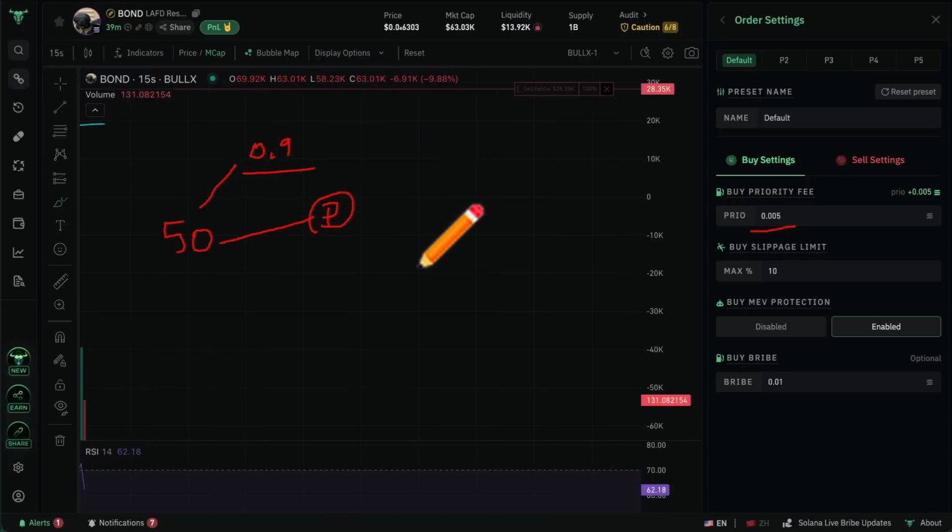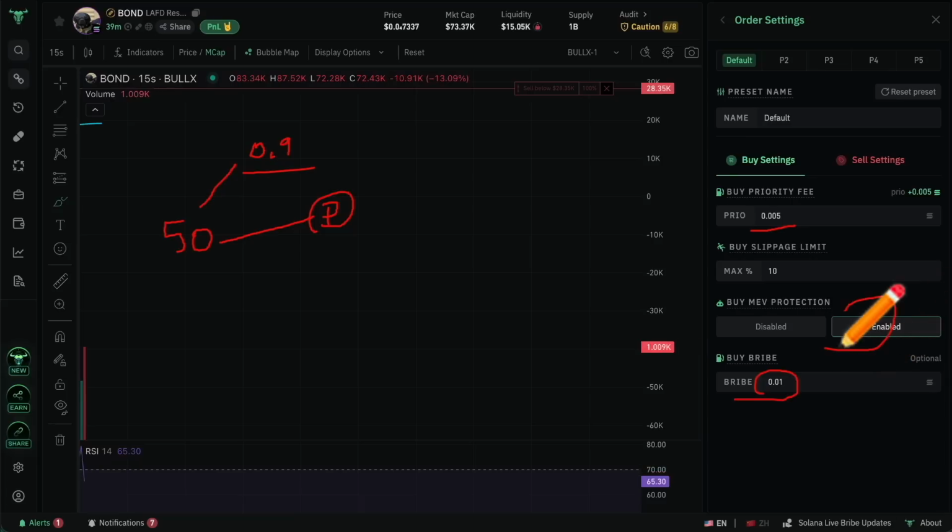And then you've got this bribery fee as well, and MEV protection. With MEV protection, simply put, people can't see where you're buying or selling, so they can't front run your trade, which is what a lot of bots do now, just to make small percentages on everybody's trading.